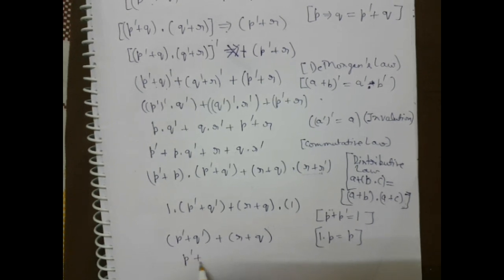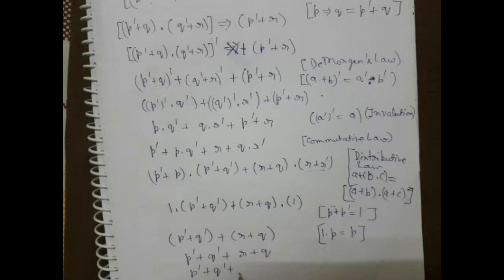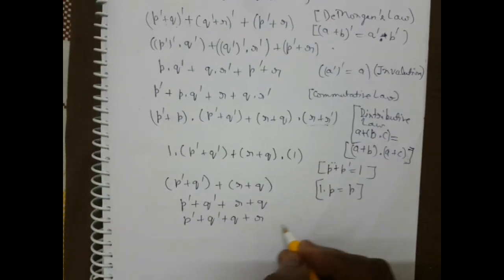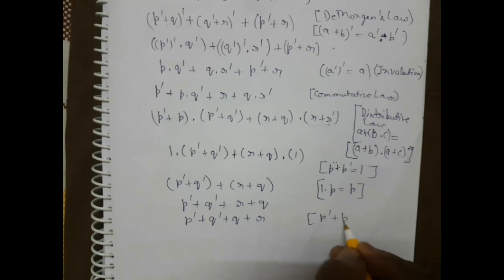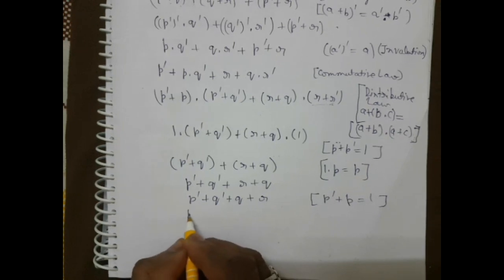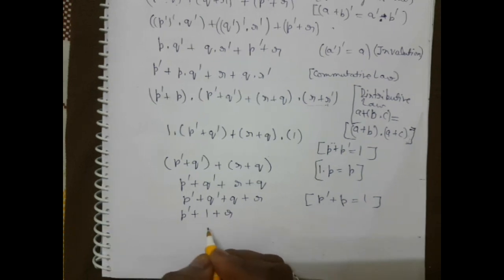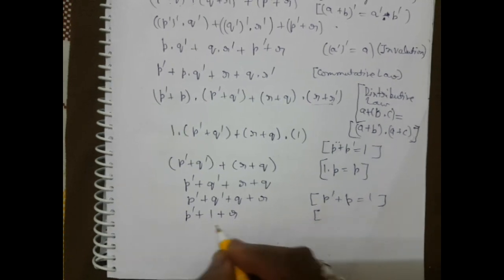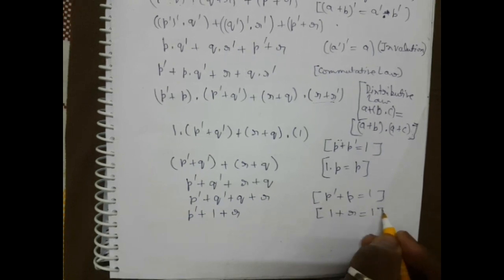Now we can open it. We get here P dash plus Q dash plus R plus Q. Again we can use the commutative law: P dash plus Q dash plus Q, we can bring the Q this side, plus R. What do we get? Again the complementarity law, Q dash plus Q equals 1. So we have P dash plus 1 plus R. Here, properties of 1: 1 plus R is going to be 1.